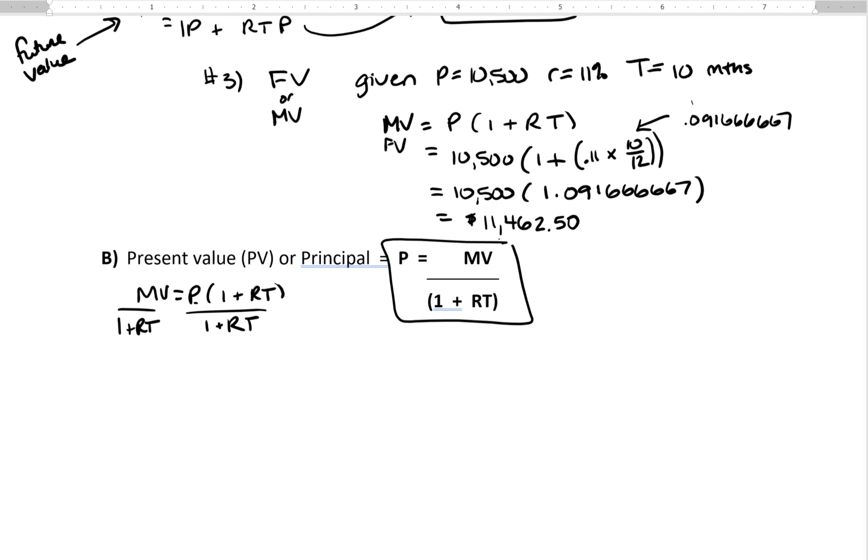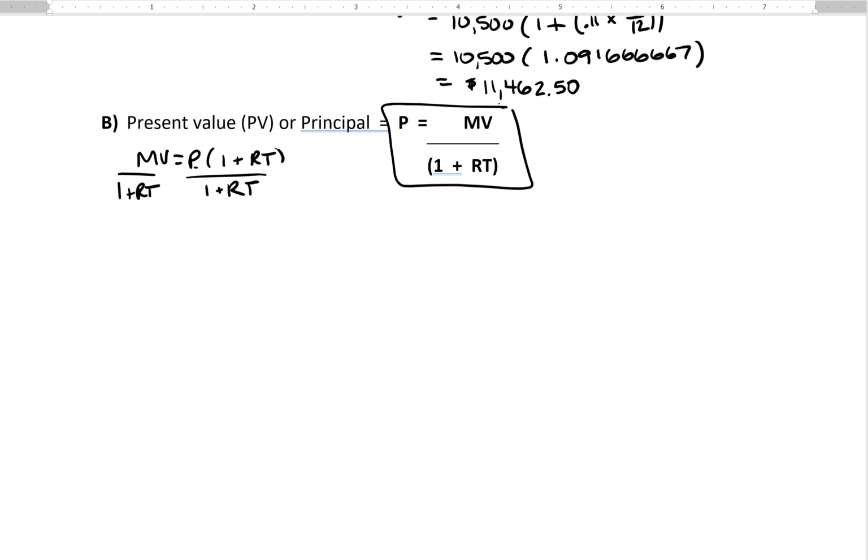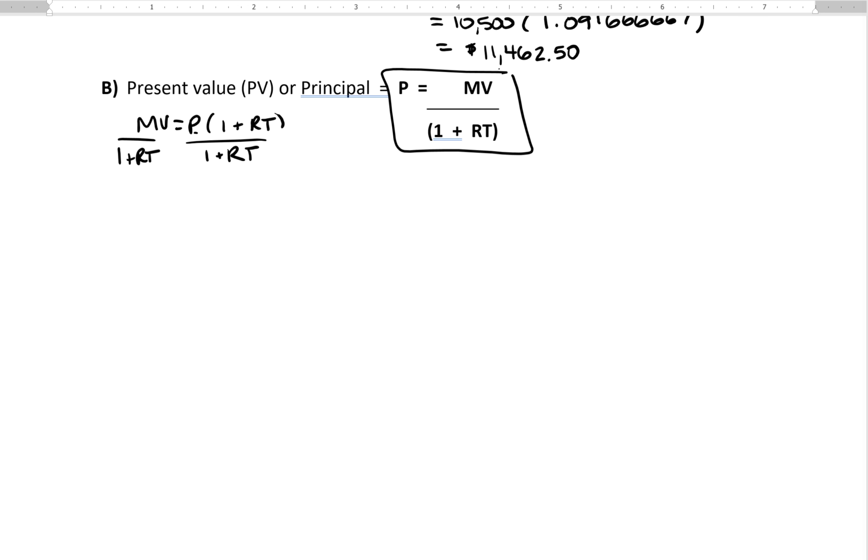So if we know a future amount, we can figure out what is that in today's dollars. If we know that we want to have a lump sum amount of $10,000 in a year and we can earn 6% interest, how much do we need today set aside to grow it to that amount?